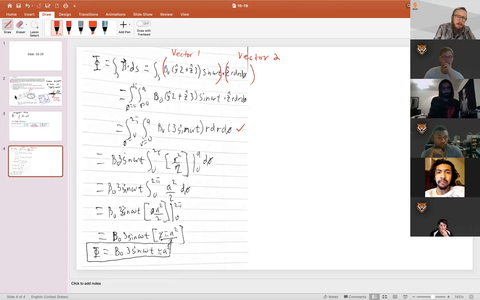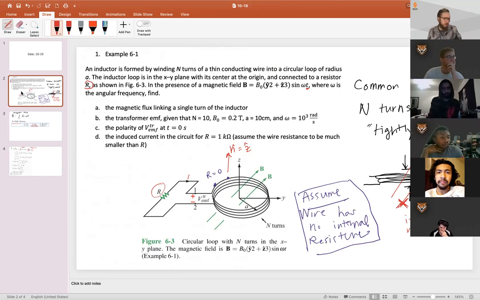Yeah, that's mine. Would you like to describe how you chose the limits? For the radius, we're told that the radius is A of the turns of the inductor, my bad. And then phi obviously goes around in a whole circle, 2 pi.